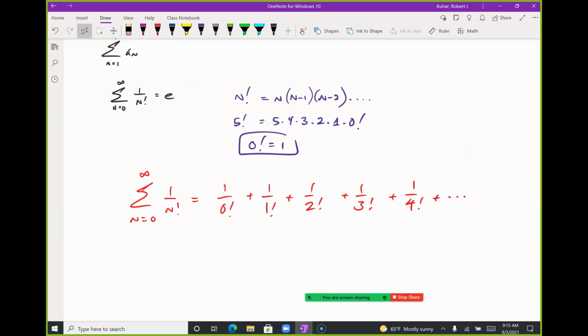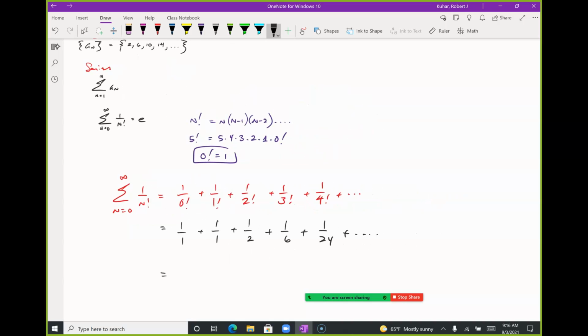The first time, I start writing things out in real simple baby steps, and then I'm going to try and simplify. 0 factorial is 1, 1 factorial is 1, 2 factorial is 2, 3 factorial, 3 times 2 times 1, is 6, 4 factorial is 4 times 3 times 2 times 1, so 24, plus dot, dot, dot.